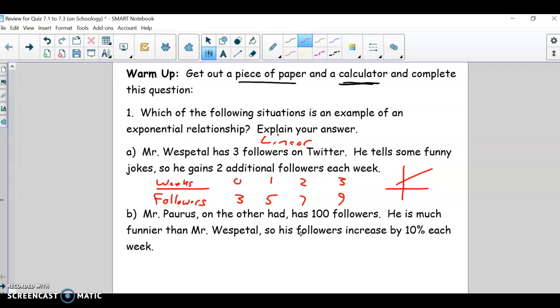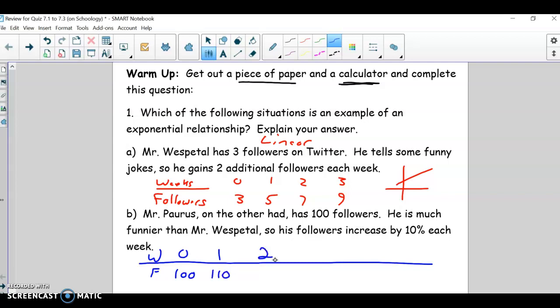An exponential, though, like here, Paris doesn't go up by the same amount, he goes up by a percentage. So if we were to look at his weeks and followers, week 0, he has 100 followers, but then he gains 10%. So 10% of 100 is 10 more followers. But now when he goes on to the next week, he's doing 10% of 110.